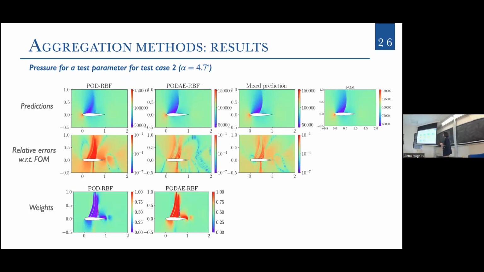In the prediction. I think the second line is the shock that is moving. Exactly, it's the shock that is moving. And I think this is the main problem of the POD in general, that you have these extra shocks which are coming from the different parameters, which you cannot solve if you use a POD autoencoder.